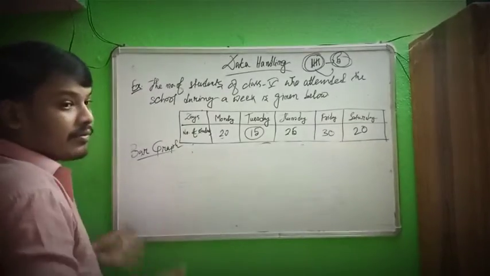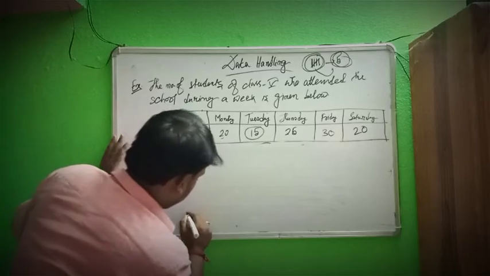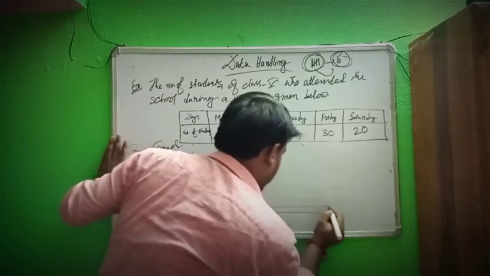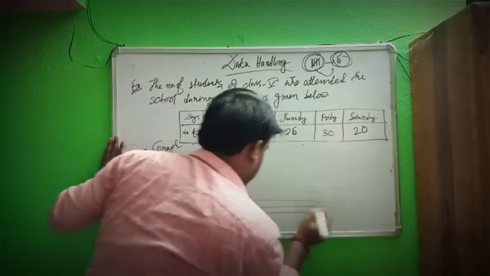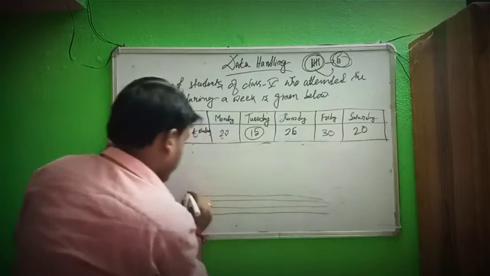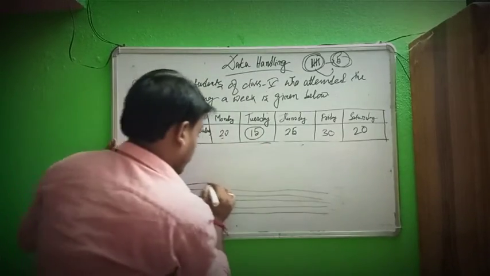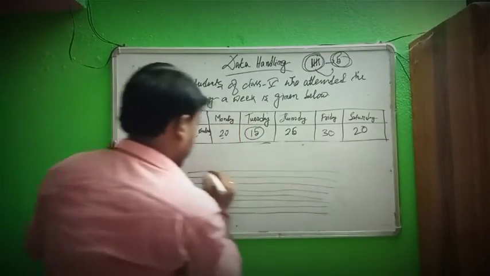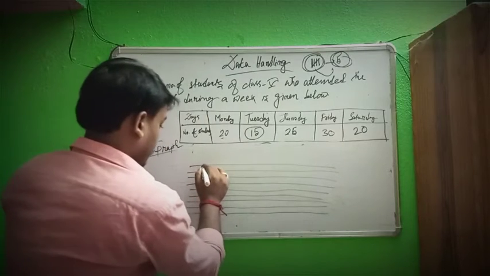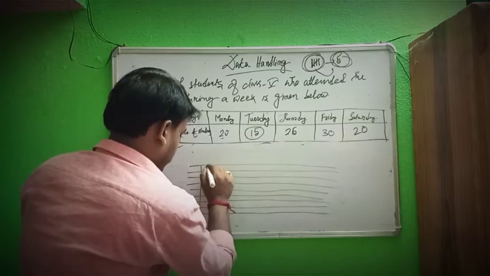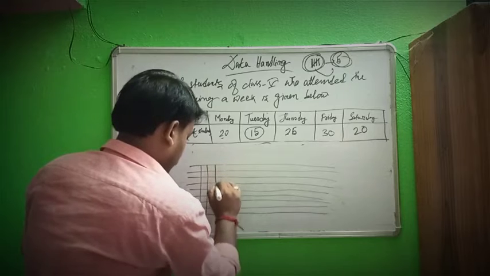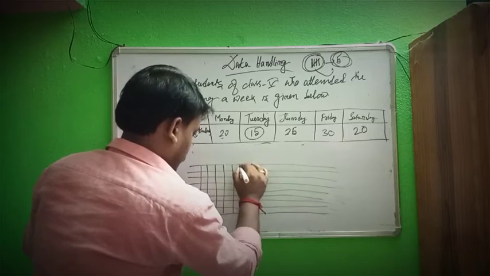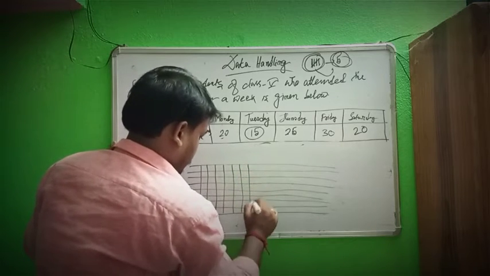So here I draw one bar graph. 1, 2, 3, 4, 5, 6, 7, 8, 9, then 1, 2, 3, 5, 6, 7.